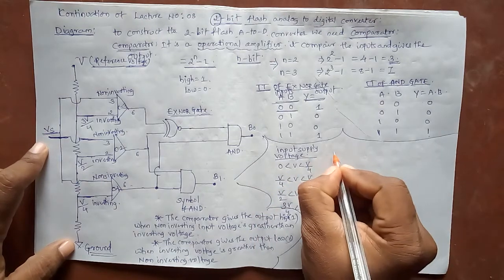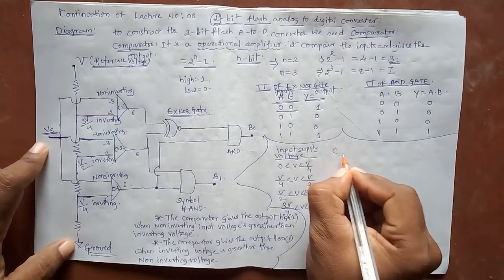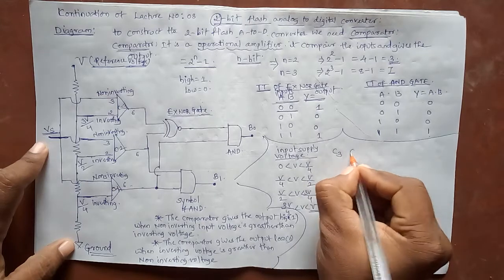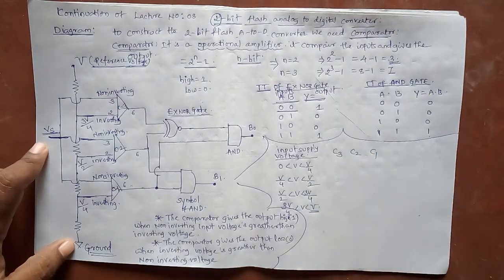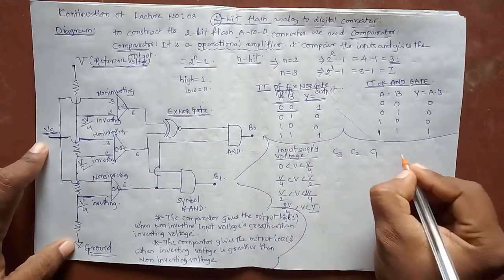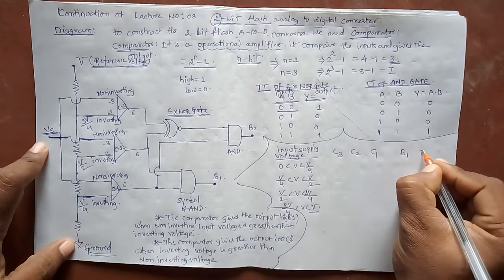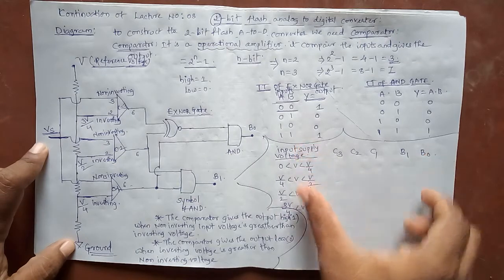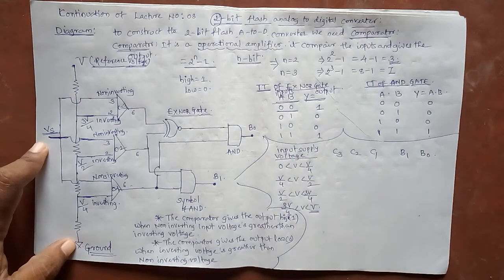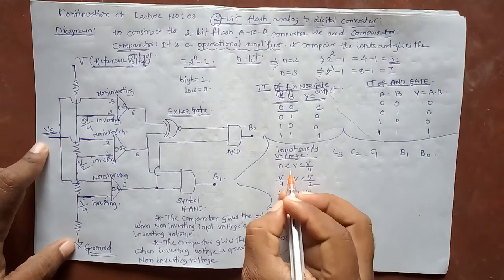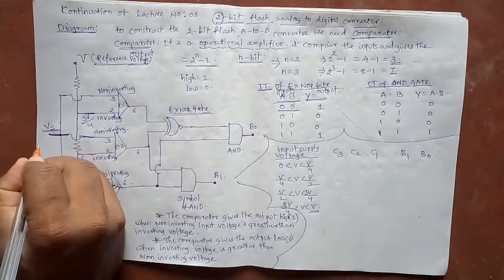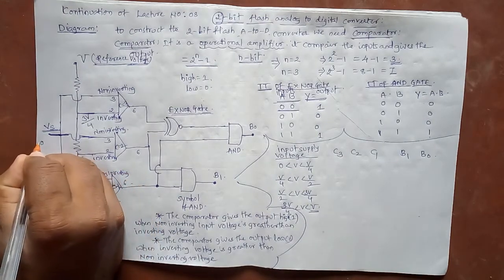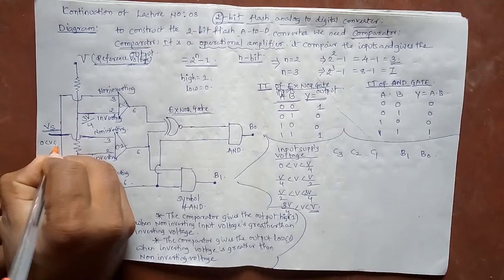And next, here we take the comparators C3, C2 and C1, and here I write B1 and B0. Okay, we need to write the values for this. First I take the 0 to input voltage, that is case number 1, input voltage is less than V/4.